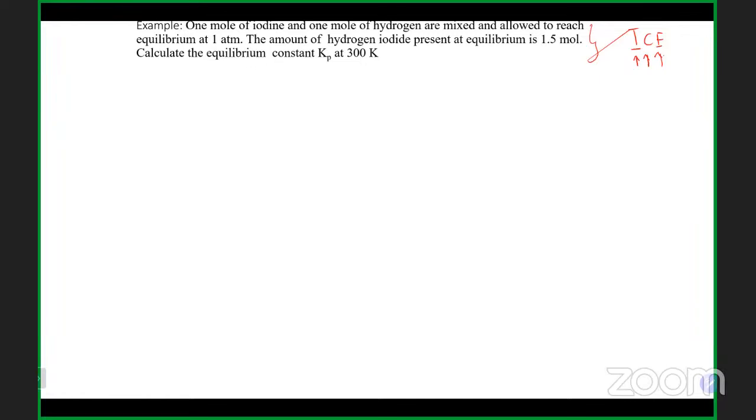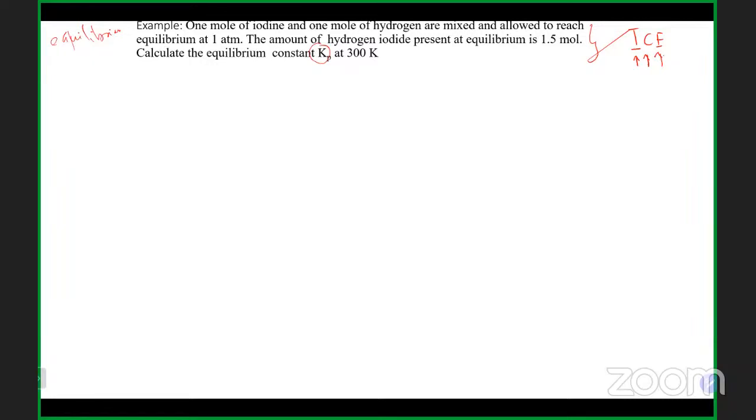Okay, 1 mole of iodine and 1 mole of hydrogen are mixed and allowed to reach equilibrium. The amount of hydrogen iodide present at equilibrium is 1.5 mole. Calculate the equilibrium constant. Remember, to calculate the equilibrium constant, we need to use equilibrium values, equilibrium concentrations.